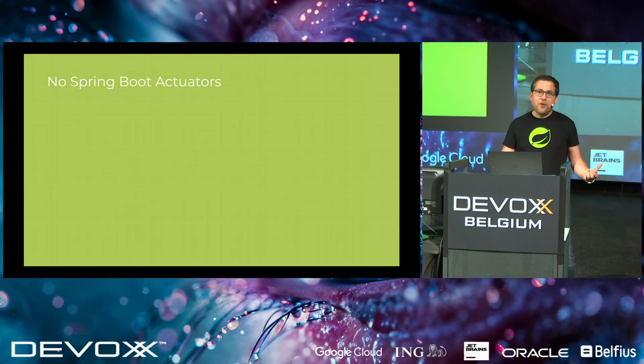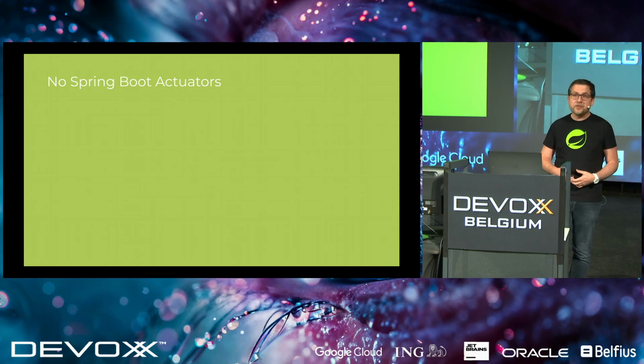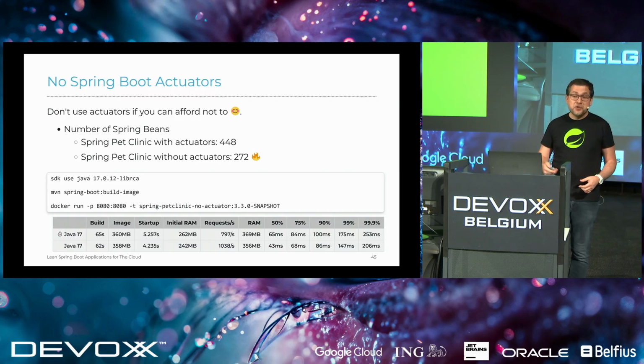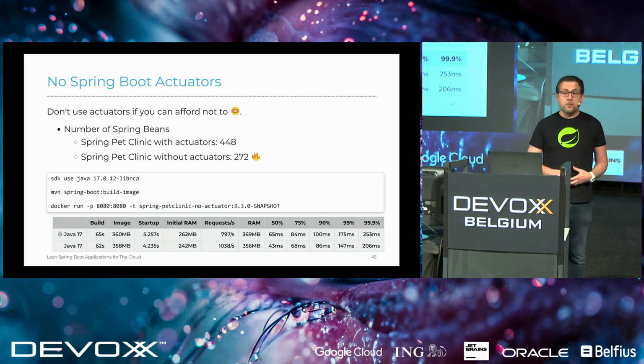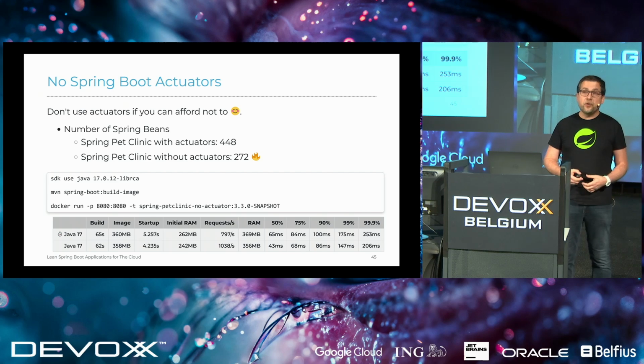I mean, we all know actuators and probably we love them because they're free, right? And they have great features. But if you don't use them, throw them away. Because you can see, just the pet clinic with actuators has 448 Spring Beans. Without, it's 272. So the actuators create a lot of Spring Beans during the startup.